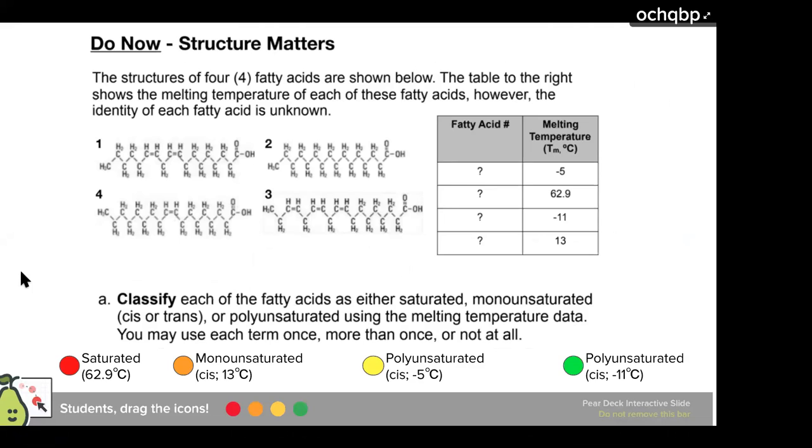But I'll say that all of the information associated with a particular color dot, it all goes together. So if you think something is polyunsaturated, it is, in this example, a cis polyunsaturated fatty acid with a melting temperature of -11 degrees Celsius.